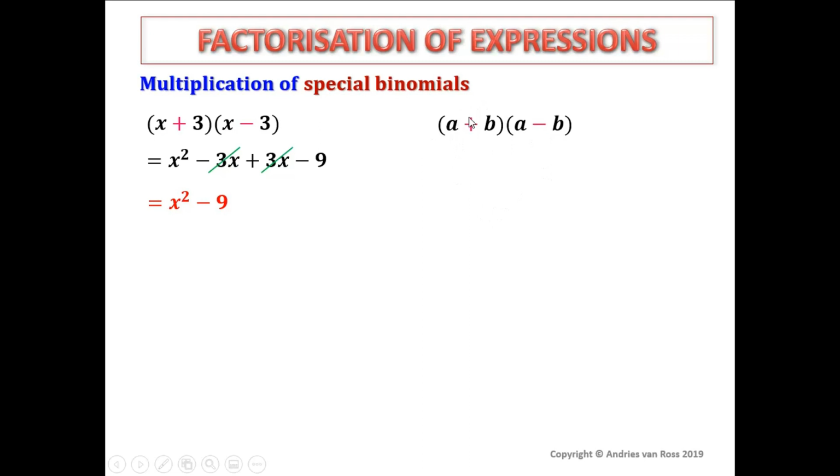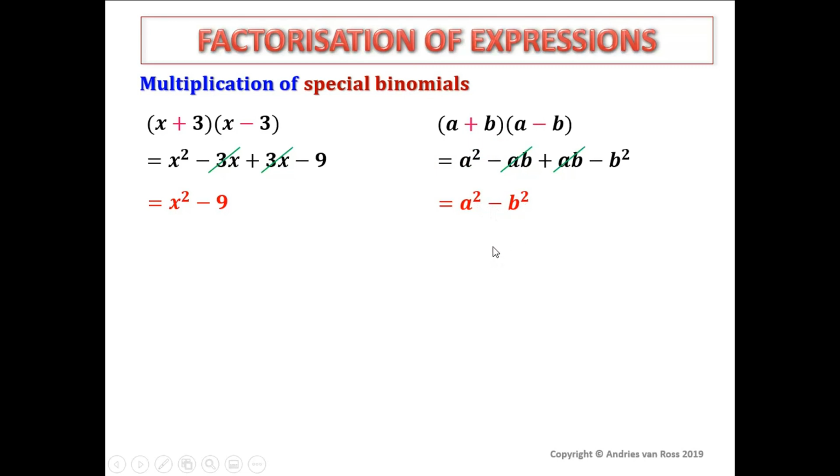Multiplying each term with the terms in the other bracket, we get a squared minus ab plus ab minus b squared. The like terms, minus ab and plus ab, cancel out, and we end up with a squared minus b squared.